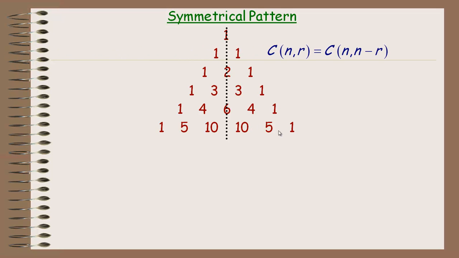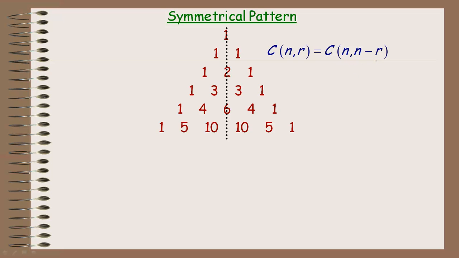Now I want to draw your attention to the fact that any combination has an equivalent combination. Right up here, n choose r is equal to the combination n choose n minus r.